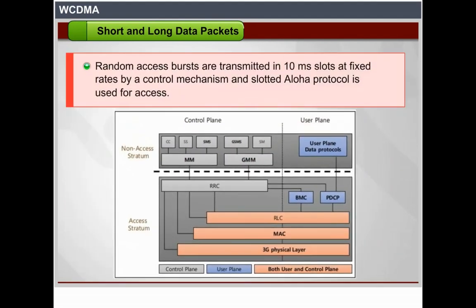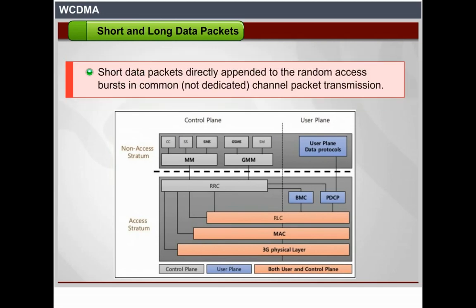Random access bursts are transmitted in 10 ms slots at fixed rates by a control mechanism, and slotted Aloha protocol is used for access. Short data packets are directly appended to the random access bursts in common, not dedicated, channel packet transmission.